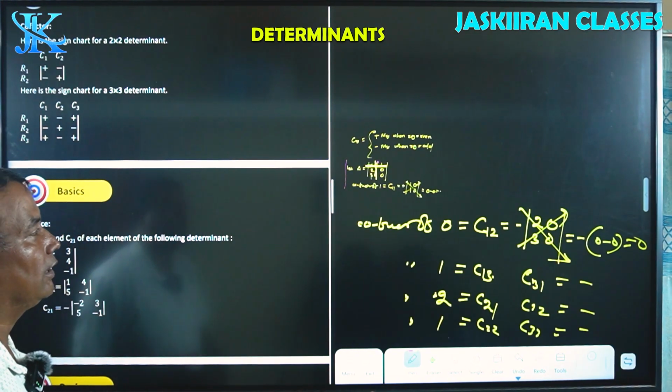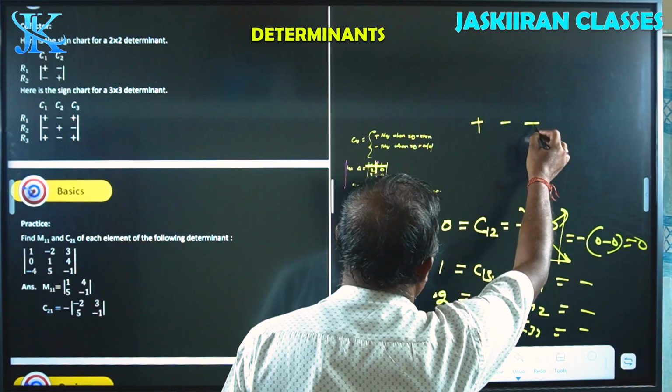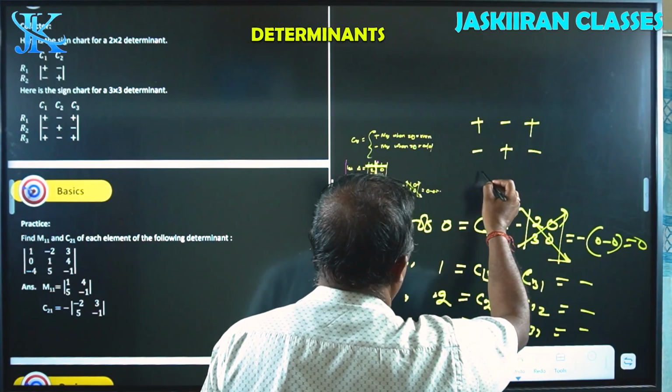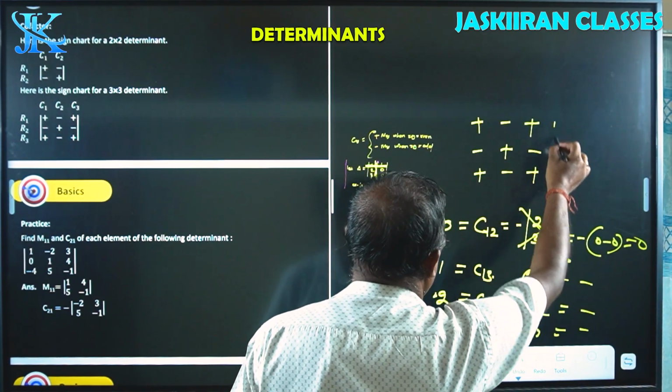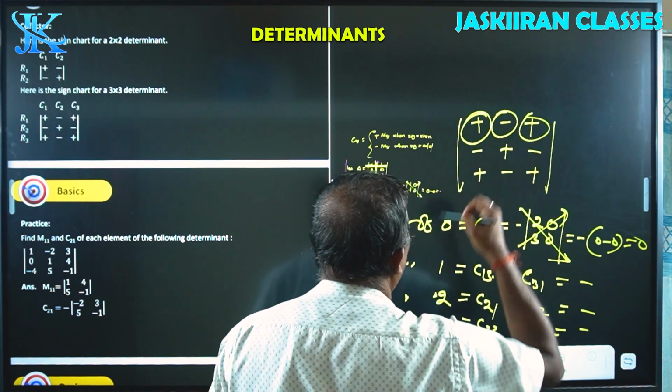So now how to get the other determinant? The signs are plus, minus, plus, or minus, plus, minus, or plus, minus, plus. When it is obtained, that sign of the element is plus or minus. Why is it plus or minus?